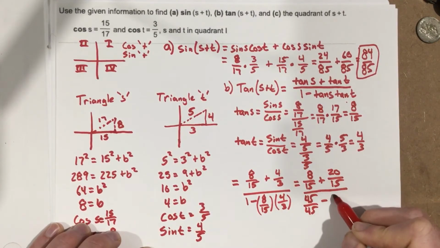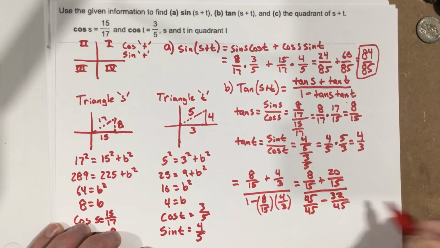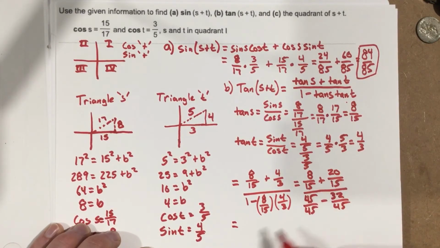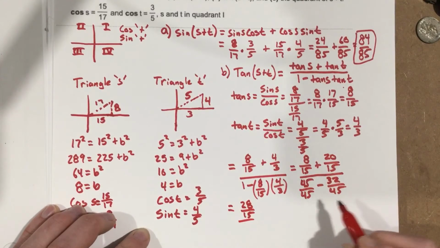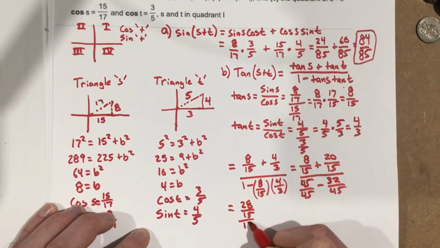Minus, this will give you 32 over 45. Just saves us a step. 8 over 15 plus 20 over 15 is 28 over 15, over 45 minus 32 gives you 13 over 45.